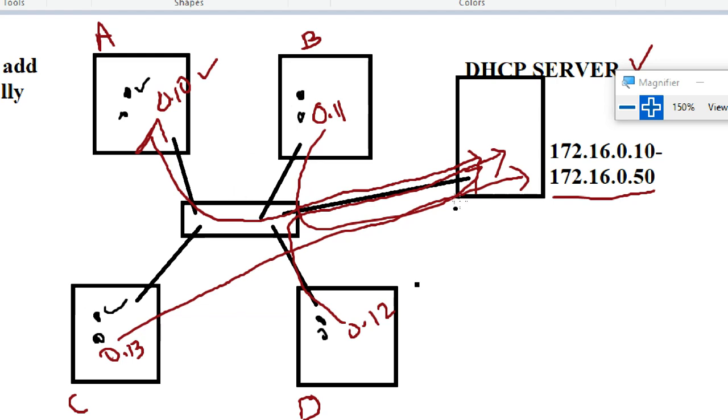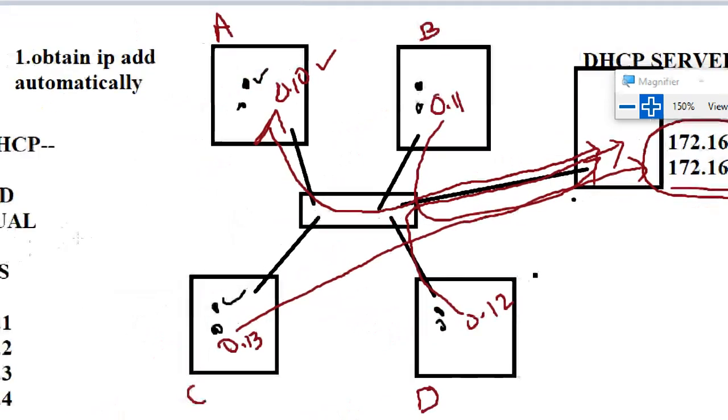How will it assign? You have to send a request, then only you will get an IP address. So this is how you get an IP address from the DHCP server. Depending upon your DHCP server IP address configuration only, you are getting the IP address. So this is the simple thing.